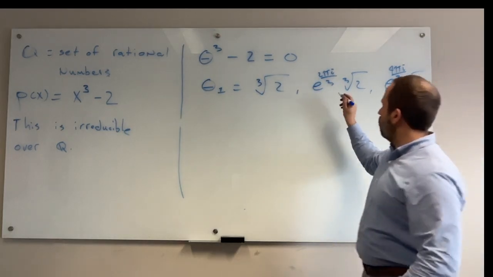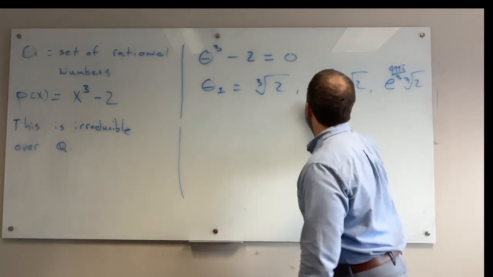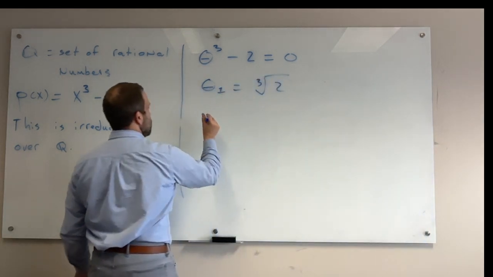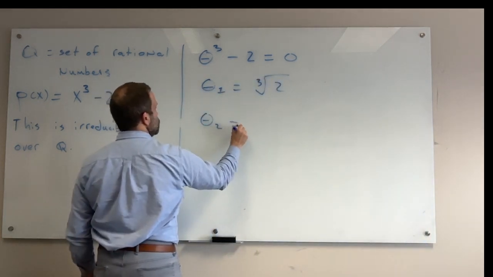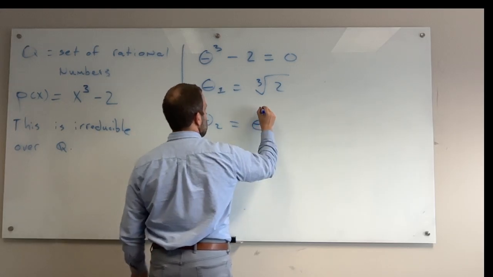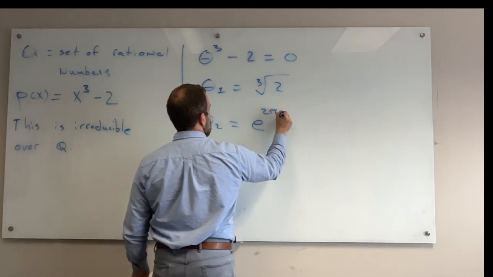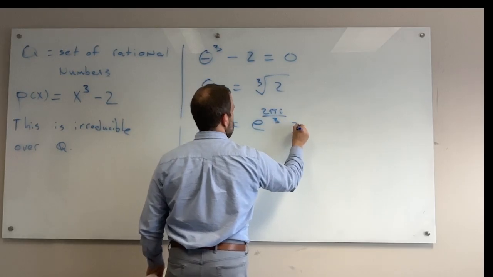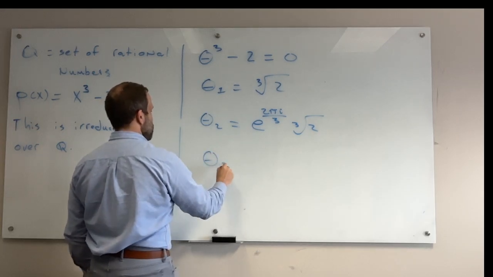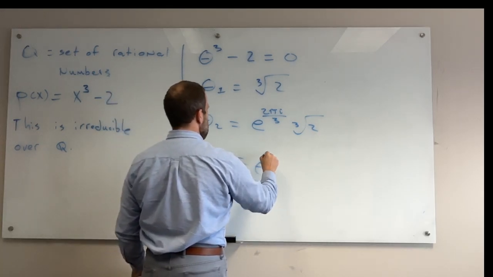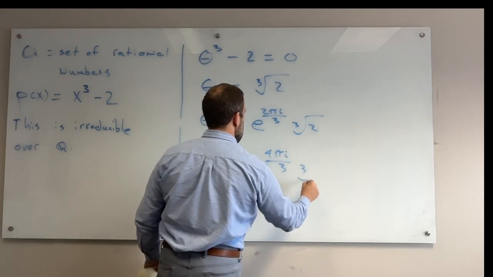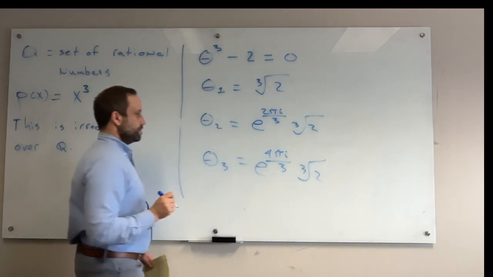Okay, so that's theta 1. Let me write this out a little more clearly. So that's theta 1, and then theta 2 is equal to e to the 2 pi i over 3 like this, and then theta 3 is equal to e to the 4 pi i over 3 like this.